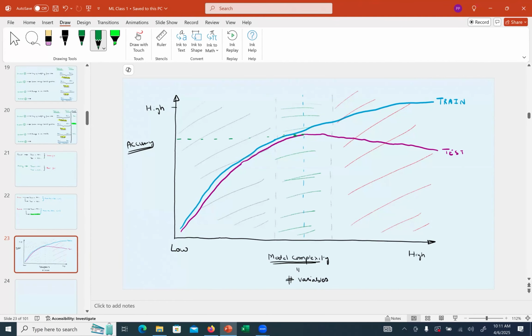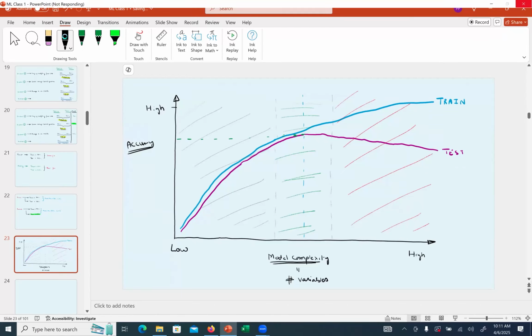So always remember, as we keep adding more and more variables, after a certain point the test data accuracy will start going down, but the training data accuracy will always increase as you add more variables. So this one we have as underfit. This is best fit.